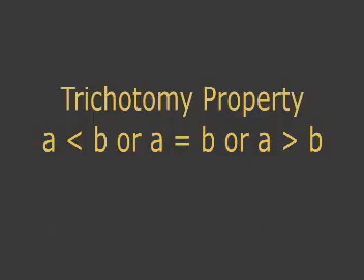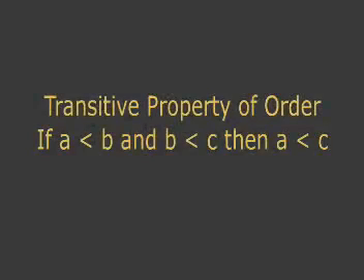A is less than B, A equals B, or A is greater than B. According to the transitive property of order, for any three real numbers, A, B, and C, if A is less than B and B is less than C, then A is less than C.